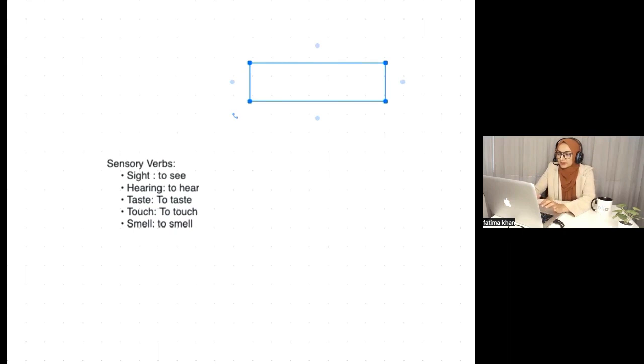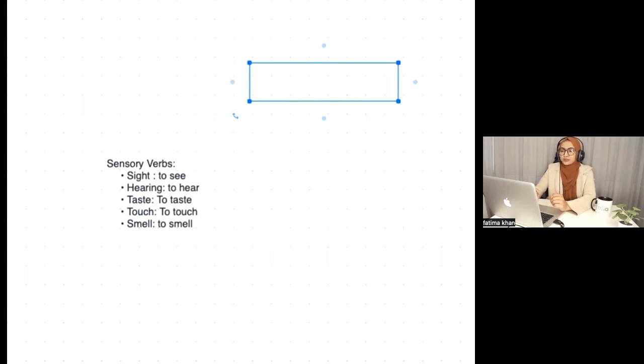So in general, these three things we express using sensory verbs: feelings, beliefs, and preferences. How do we use them with an adjective?